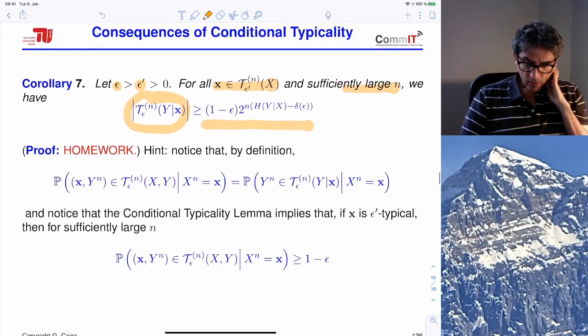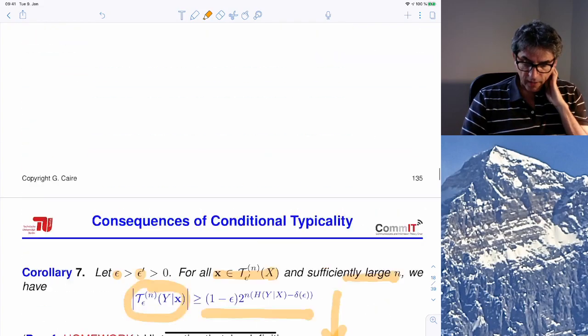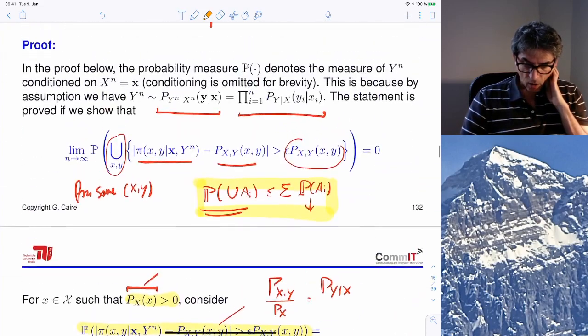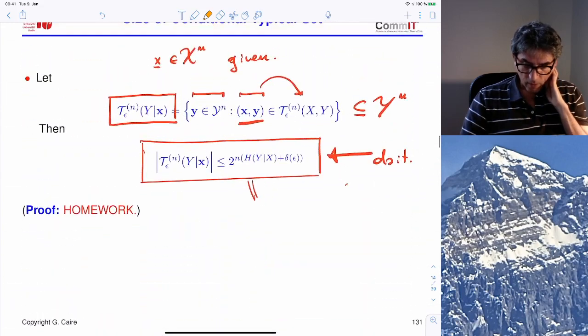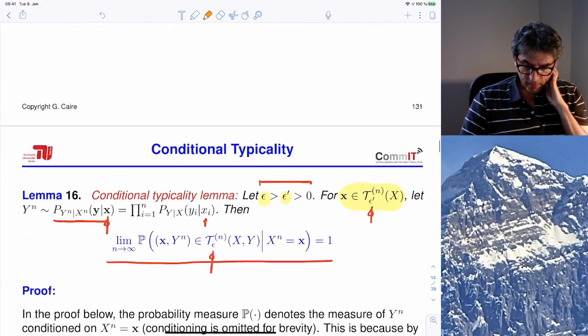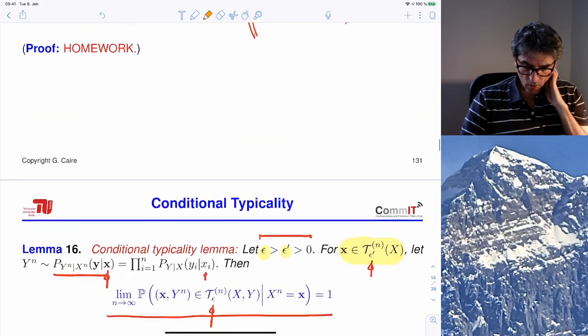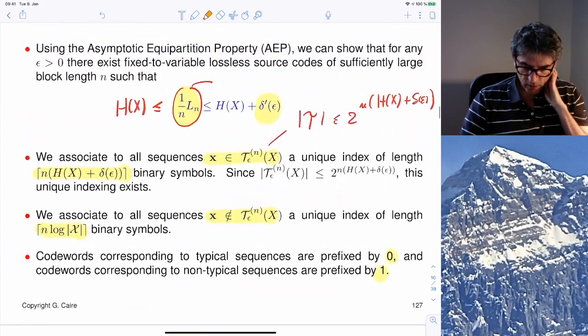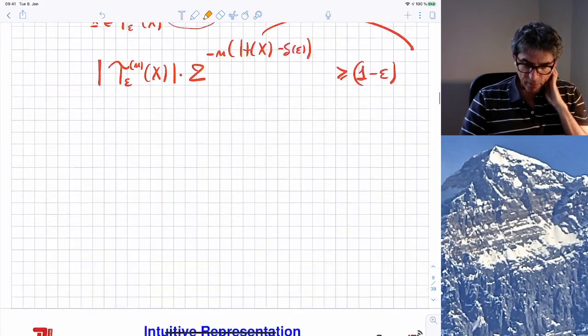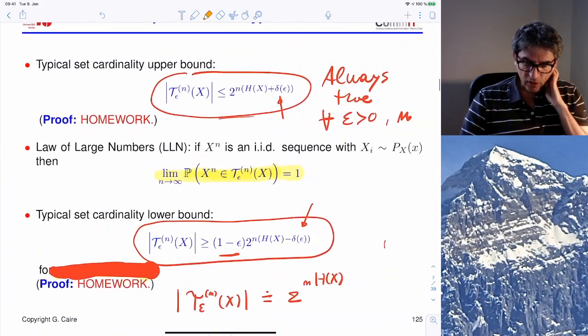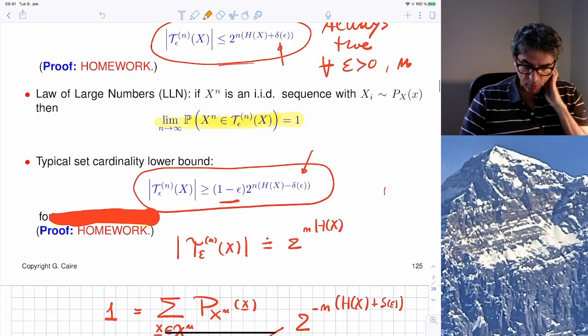And the proof of this follows very closely the same idea of the proof of the lower bound of the cardinality of the individually typical set, which is much before.